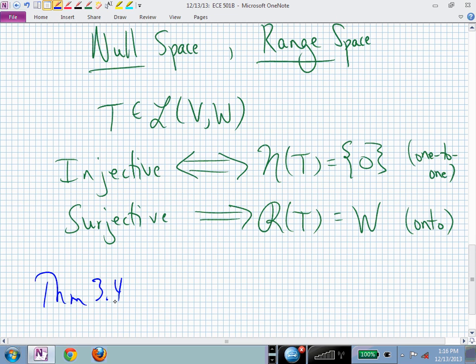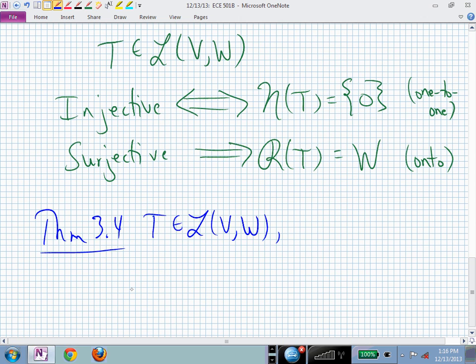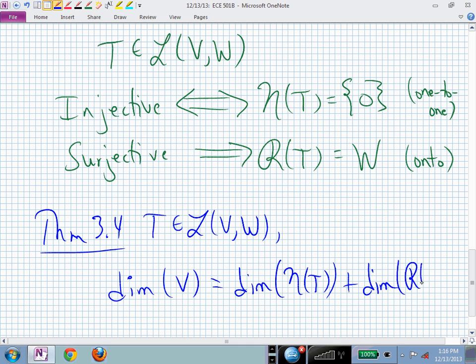In theorem 3.4, if T is this linear map from V to W, then this particular theorem gives us a little bit of information about how we can relate the dimensions of those. The dimension of the underlying domain space, V, is equal to the dimension of the null space of that map plus the dimension of the range space of that map.